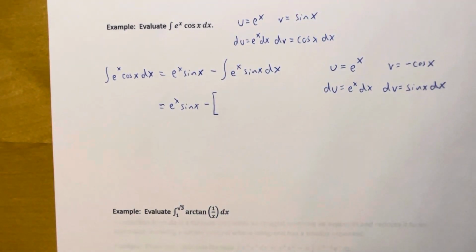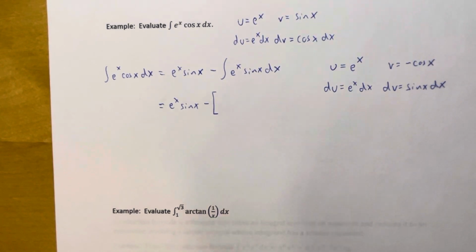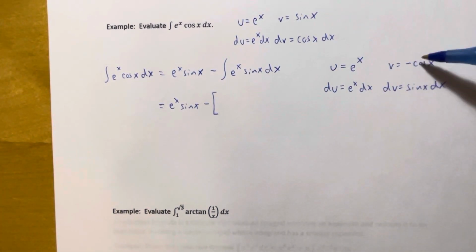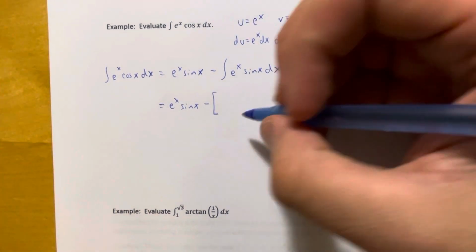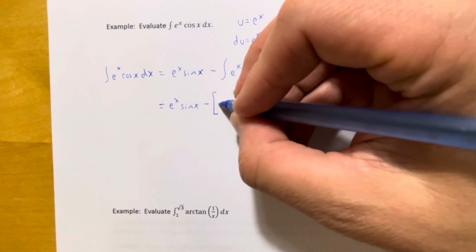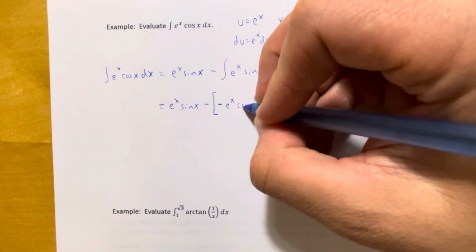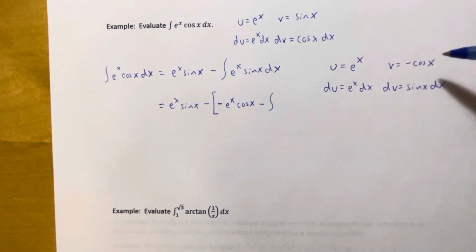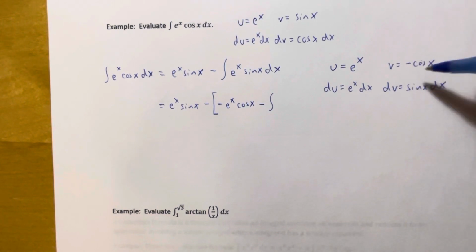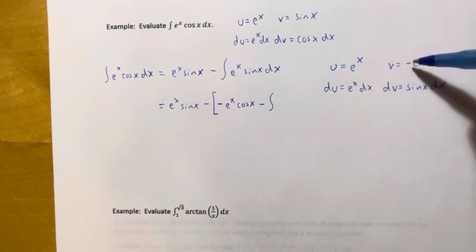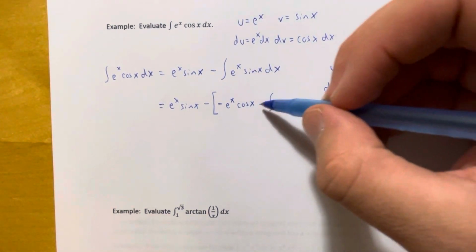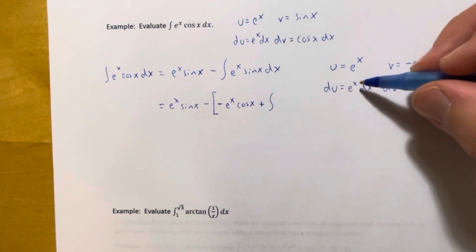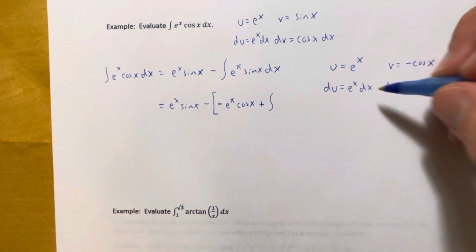It's easy to forget to do that, okay? Inside the square brackets, I'll have uv, which looks like negative e to the x cosine of x, minus the integral of v du. So if I look at that, v du, I have a negative here, which I can bring out to change that to a positive. Now that that negative's gone, all I'm left with is e to the x cosine of x dx.